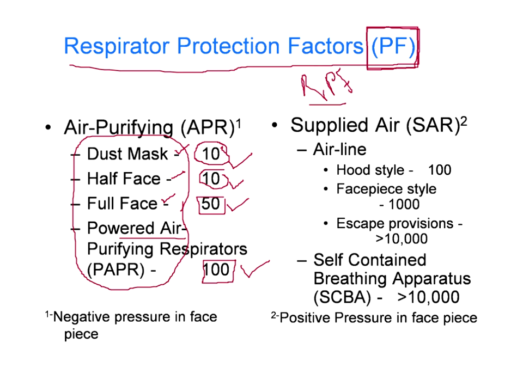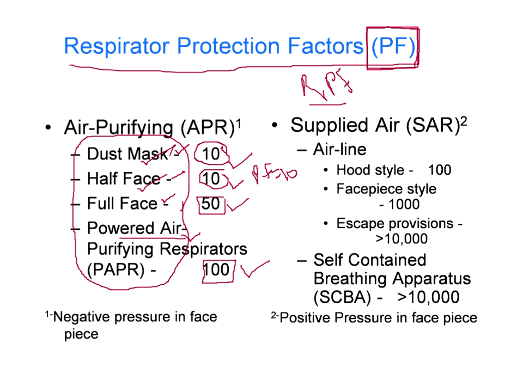If you need only 10, very little protection is required, so use a dust mask. If the protection factor is 10, you can also use a half face mask. If the protection factor is 50, cover your full face. If the protection factor is 100, you need 100% protection, then use powered air.